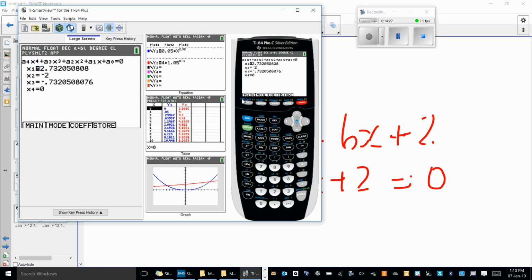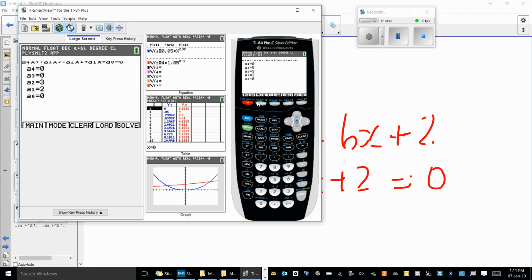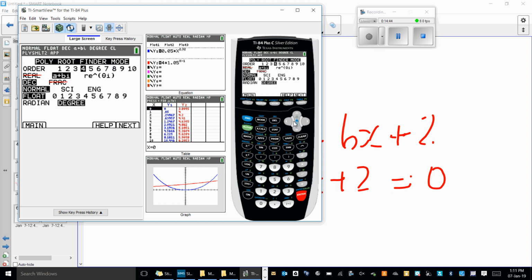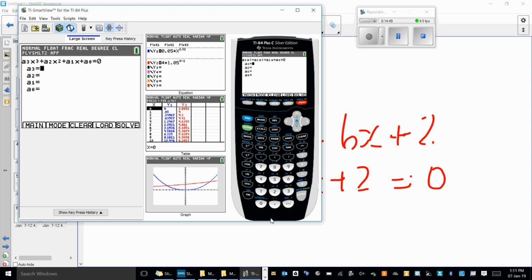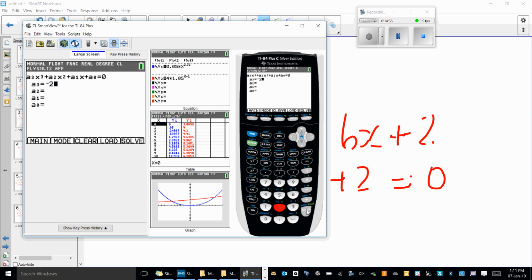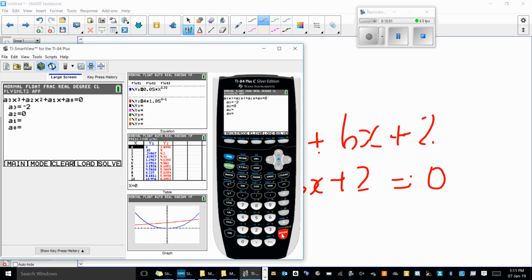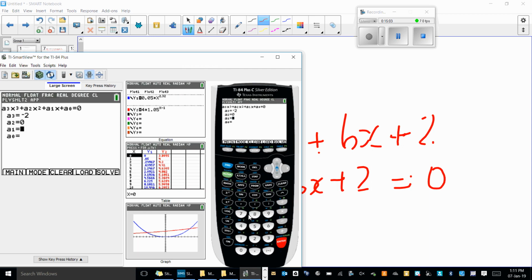So we're going to find out when that is equal to 0. We can just use this and say that it's 0 here. Alright, so we need to get to main, root finder. We're going to go back to power of 3. So it's negative 2 x cubed, then there's no x squared, then it's 6, and then 2.